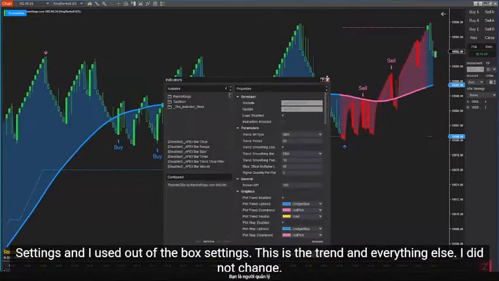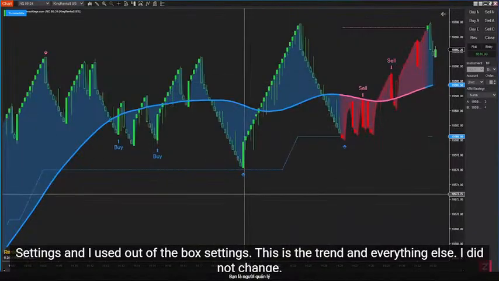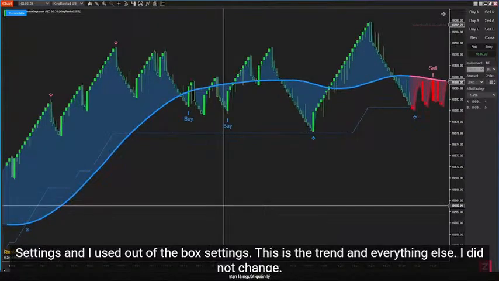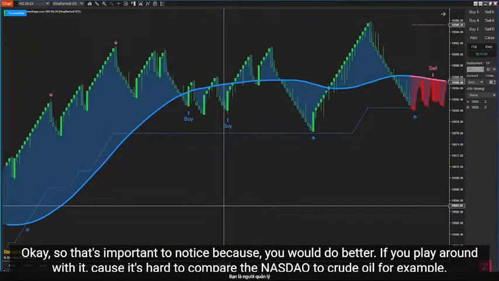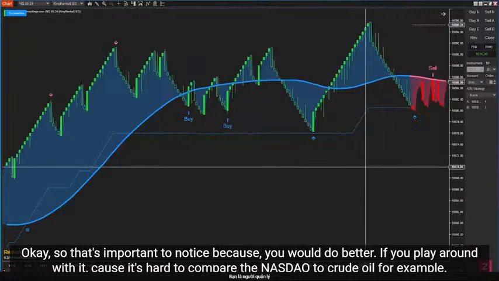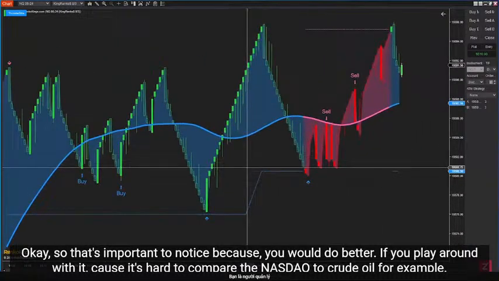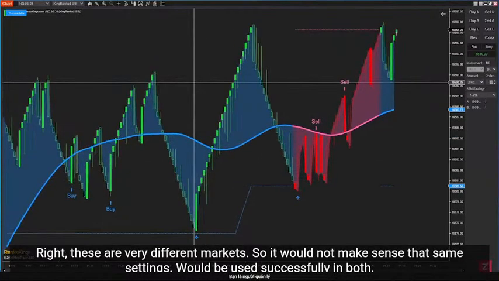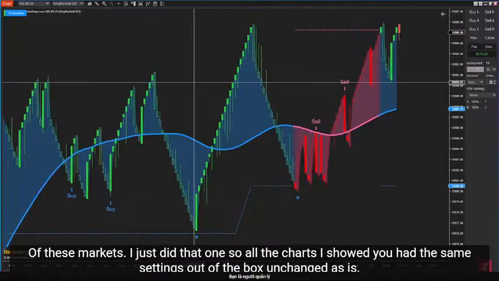Okay, so that's important to notice because you would do better if you play around with it, because it's hard to compare the Nasdaq to crude oil, for example, right? These are very different markets. So it would not make sense that same settings would be used successfully in both of these markets. So all the charts I showed you had the same settings out of the box, unchanged as is.